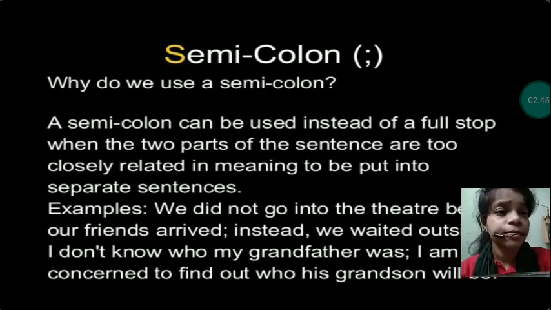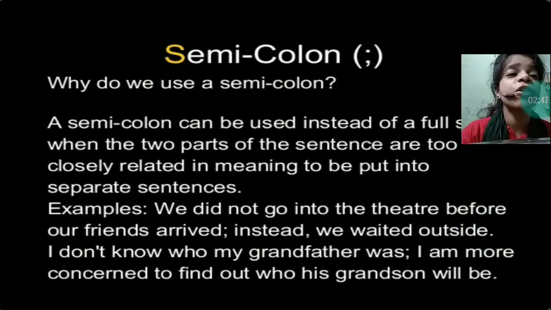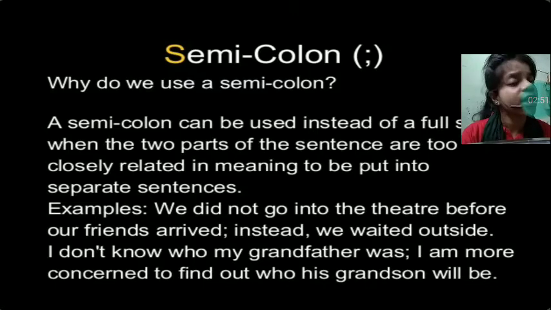Like see, we did not go into the theater before our friends arrived; instead, we waited outside. Now, there is a group of people who have to go to the theater, but they didn't enter before their friends' arrival, and they waited outside. Both are related to each other. Why did they wait outside? Because their friends had not arrived.